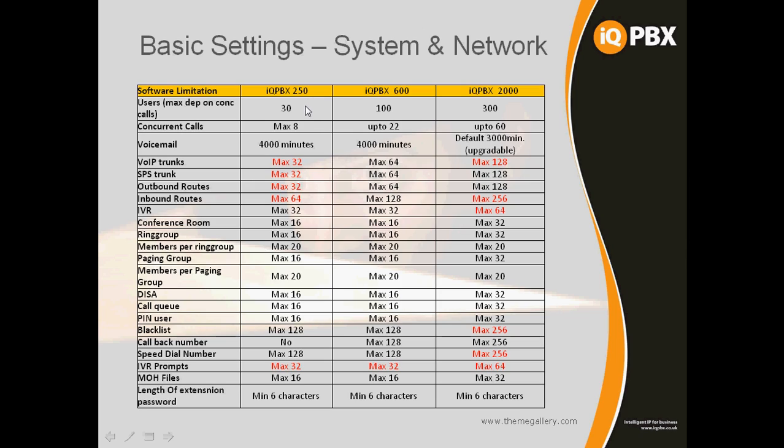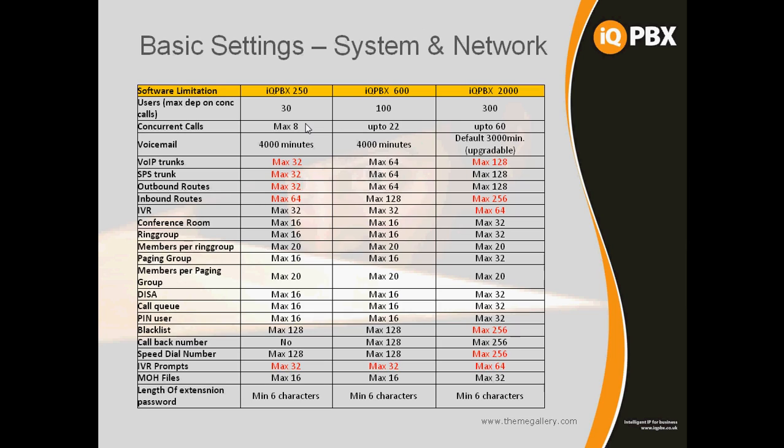But there is a little scope for expansion on each of the models, where if there is not much call traffic on the system, then we can increase the maximum number of users to 30 for the 250, 100 for the 600, and 300 for the 2000. This is simply where we look at a ratio of the number of calls that might take place on the system to the number of required users. So a little bit of expansion is possible.